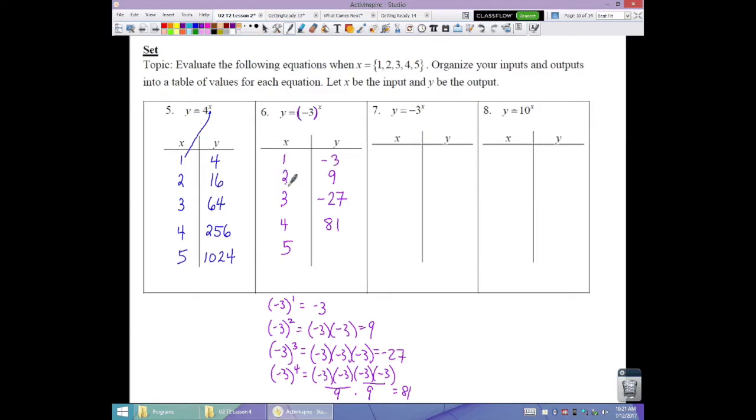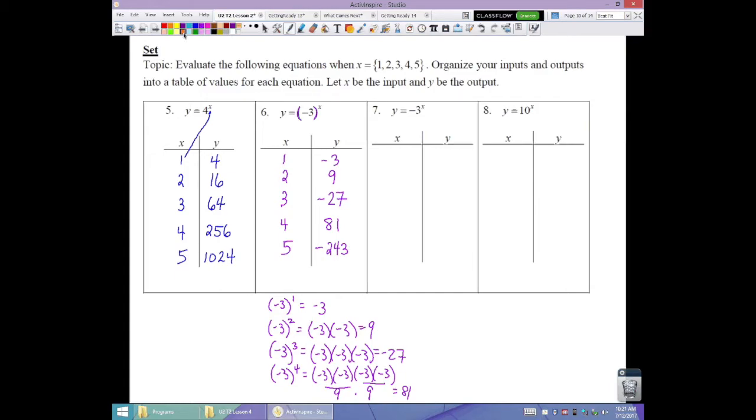But when the exponent is even, we have an even amount of negative signs, which turn in each set of 2 into a positive. So your overall answer becomes positive. Odd exponent, negative. Even exponent, positive. So -3 raised to the 5th power, there would be a total of 5 negative signs, resulting in -243.